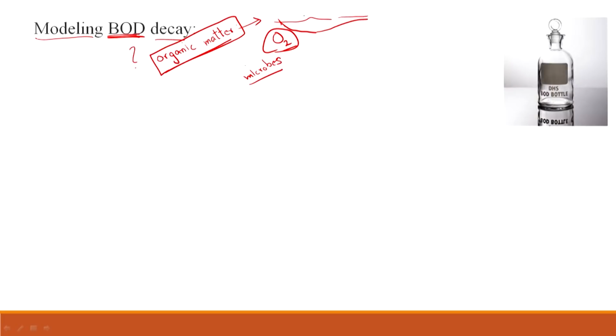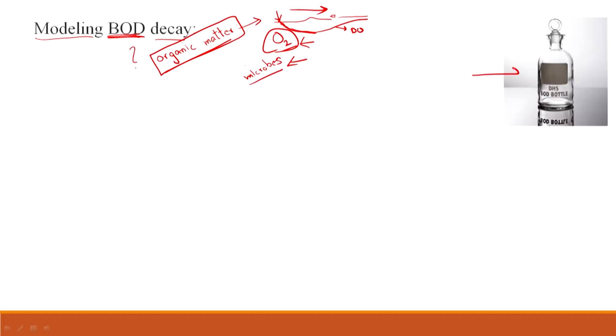So, this is the river water surface and this is the DO profile. If considerable organic matter is dumped here, this organic matter is going to be degraded in the presence of oxygen by microbes. That is why you are going to have oxygen decrease in the river. The river is flowing in this direction.